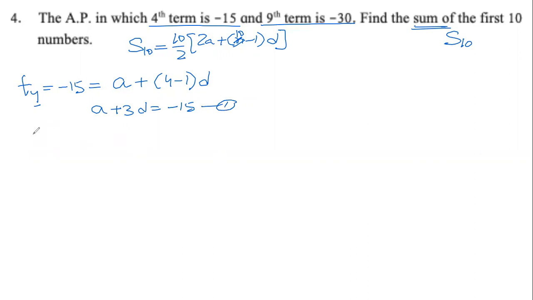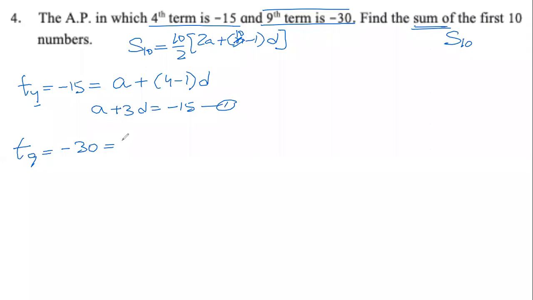Now let us try the other information, this information. T9 equals to minus 30 equals to what? Don't confuse between n and the term.